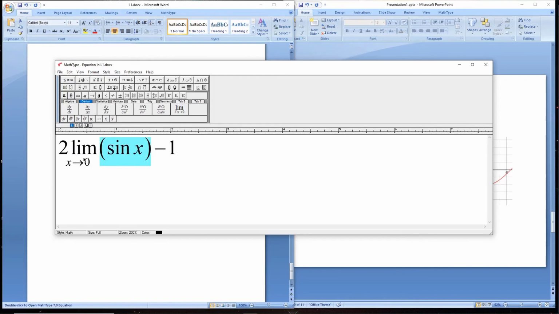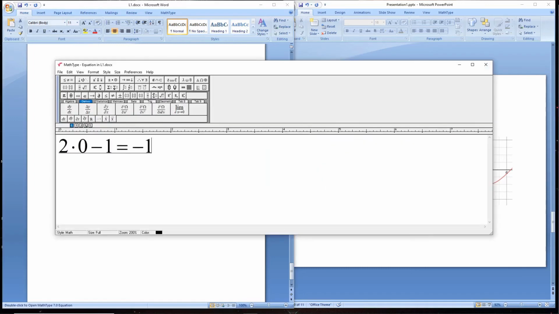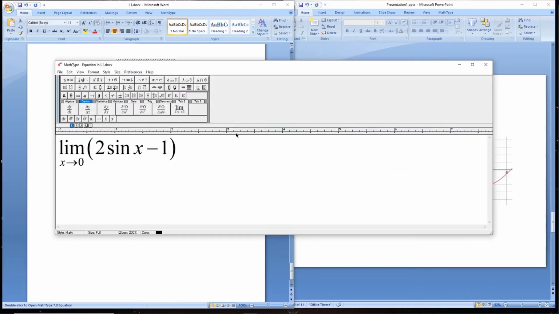So the limit of sine right here is 0. And that gives us our final answer then, -1. And that's the answer to this limit.